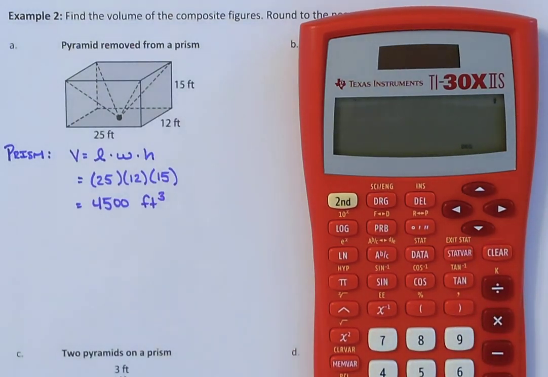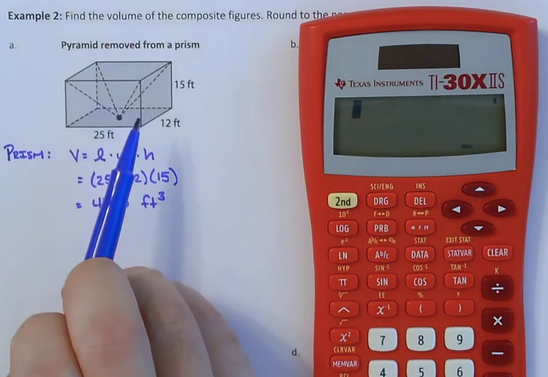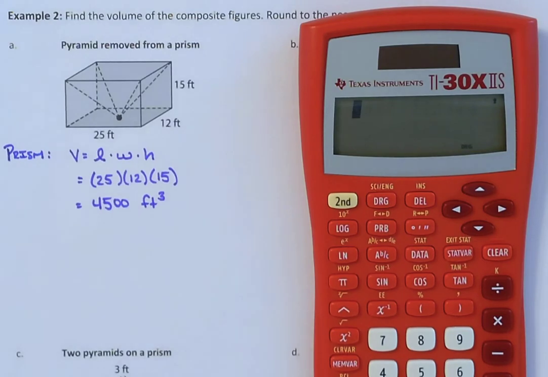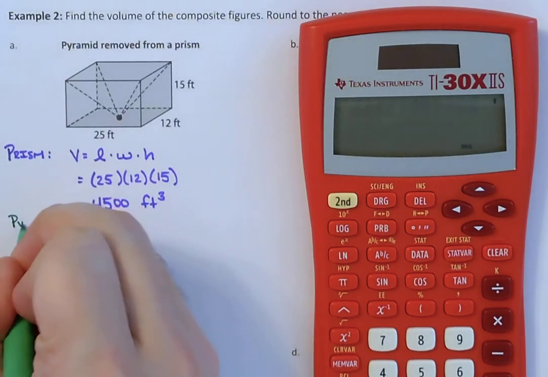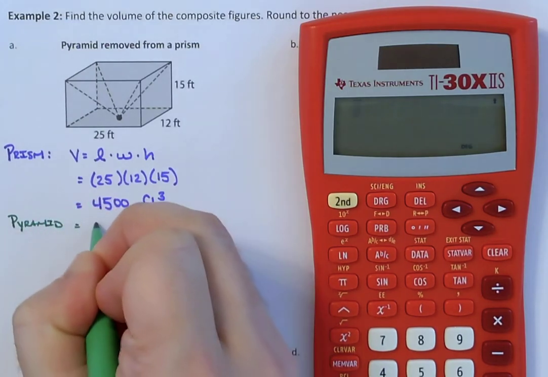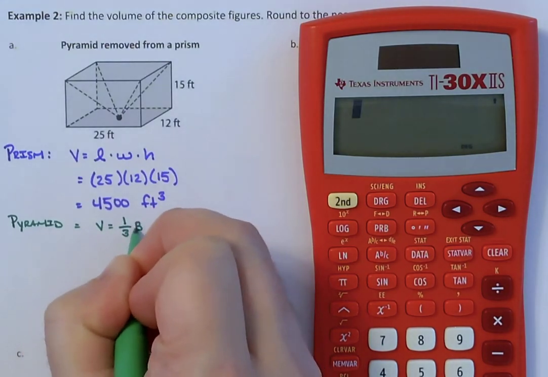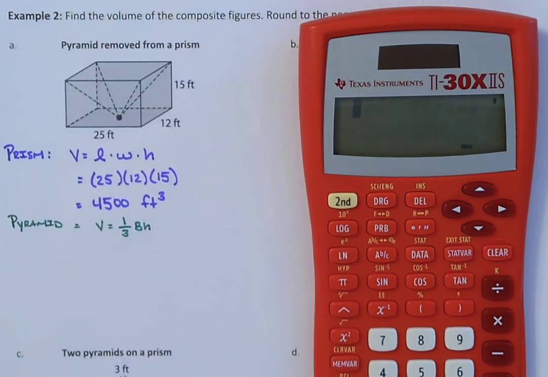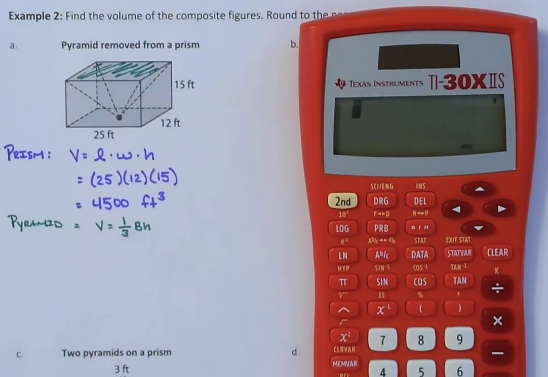The next thing we need to do is figure out the volume of the pyramid that is being removed out of the prism. A pyramid is 1/3 times the area of the base times the height of the pyramid. The base of this pyramid is a rectangle.